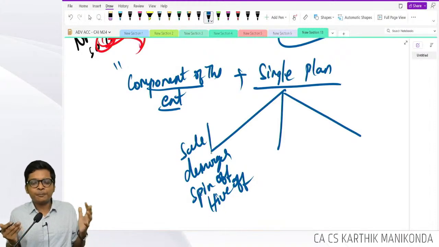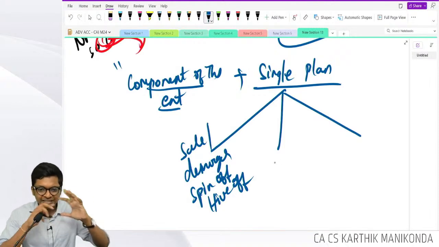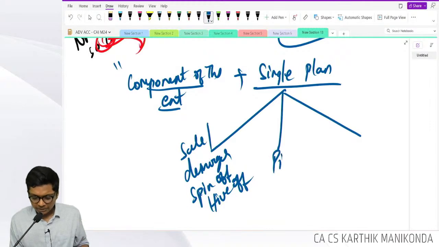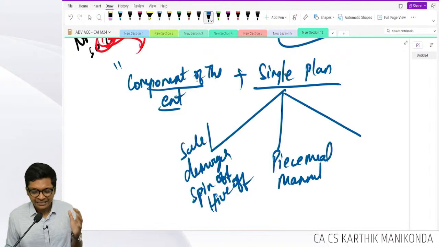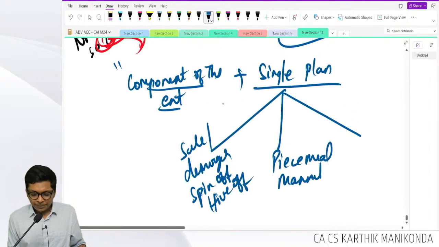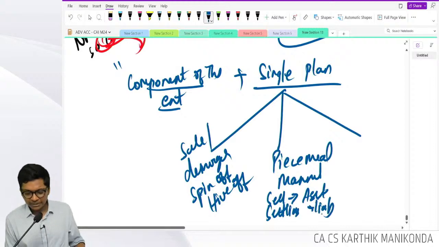So nobody is buying my cycle, sir. Big cycle, nobody is buying. Then I will sell the parts. So if I'm not able to sell the whole business, next is piecemeal manner. In dissolution of partnership, you have piecemeal, the same thing. So piecemeal manner, selling the assets and then settling liabilities.